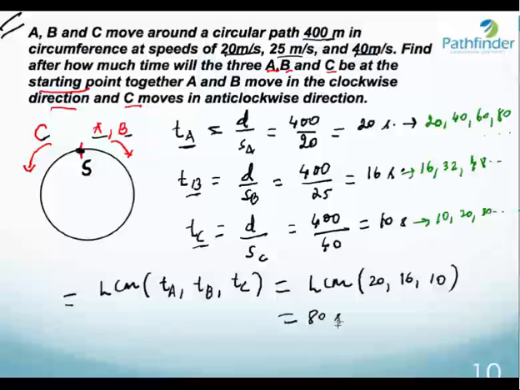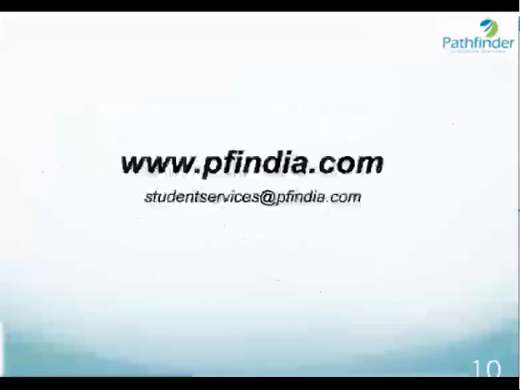And this LCM is once again 80 seconds. So despite the fact that C is traveling in opposite direction, we will use the same method as we used in the previous question to calculate our answer, and our answer in this case is yet again 80 seconds.